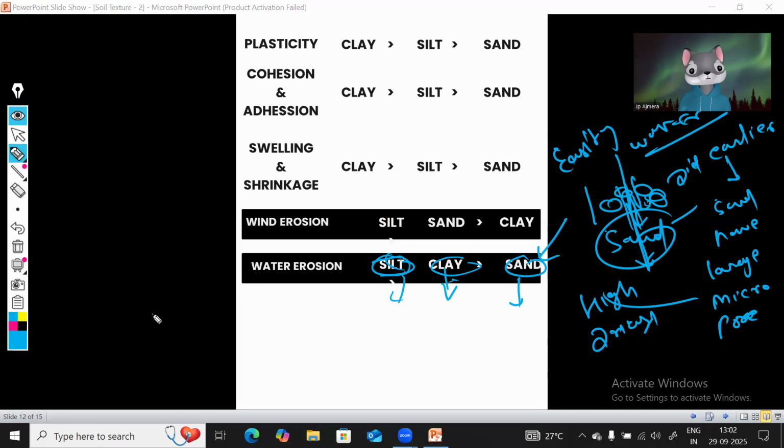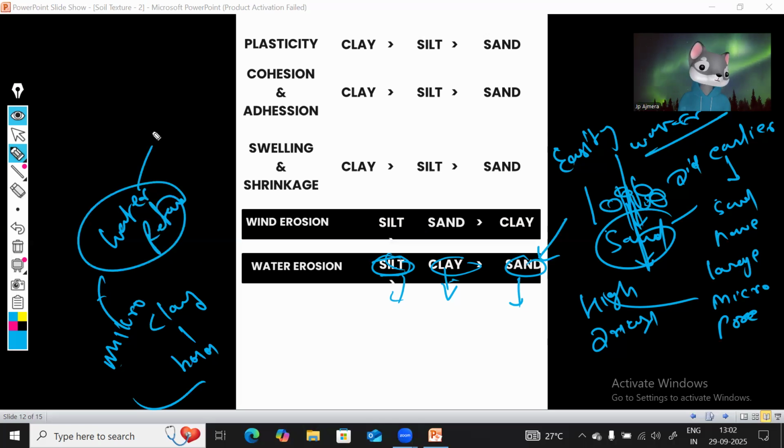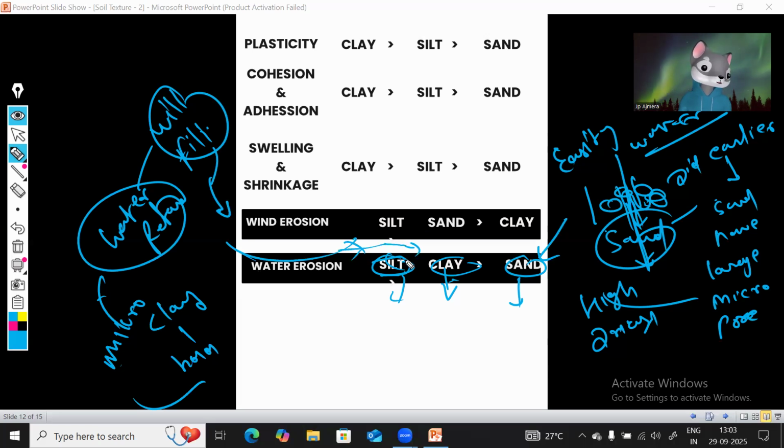But in the case of clay, clay holds micropores, which are the water-retaining pores. The water will fill the micropores, then it goes to water erosion for clay. Just because of that.